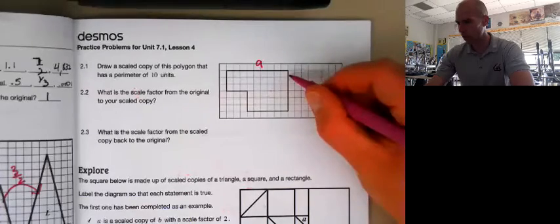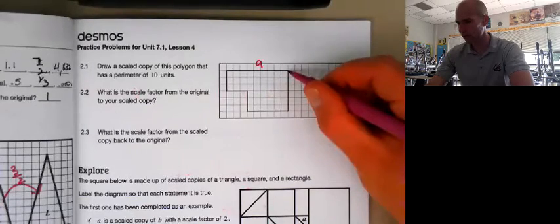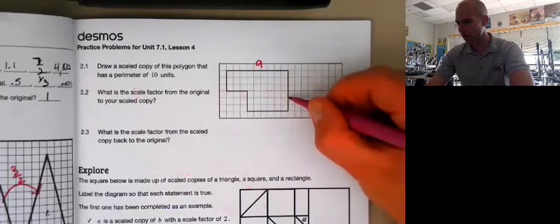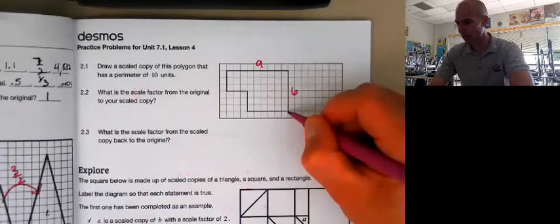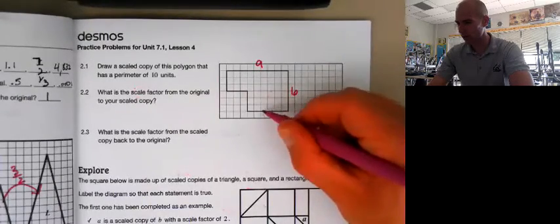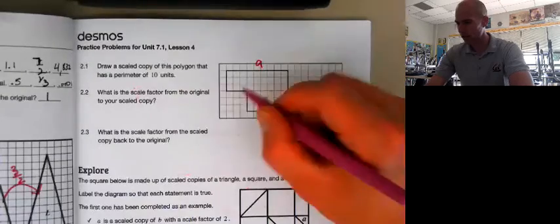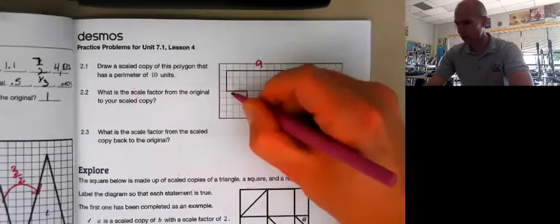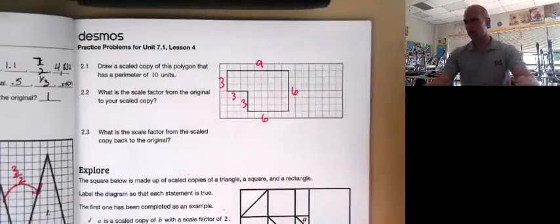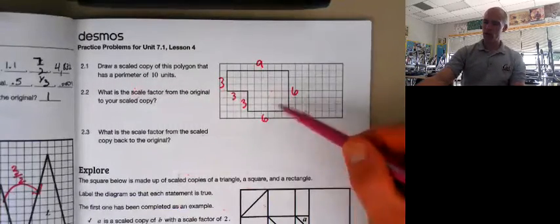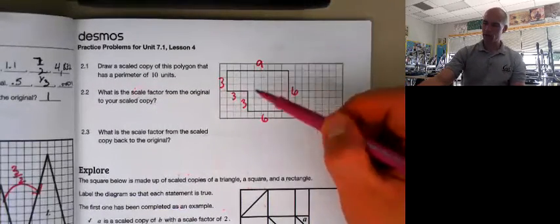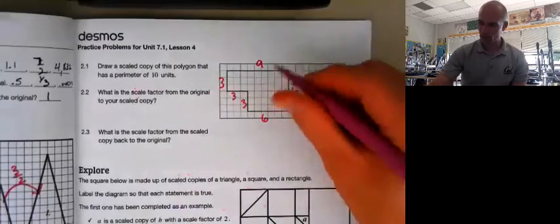And then 1, 2, 3, 4, 5, 6. And then here looks like it's probably gonna be another 6. This is 3. This is also 3. And this is also 3. All right, so total we have 6, 12, 21, 24, 27, 30. So this has a perimeter equals 30.